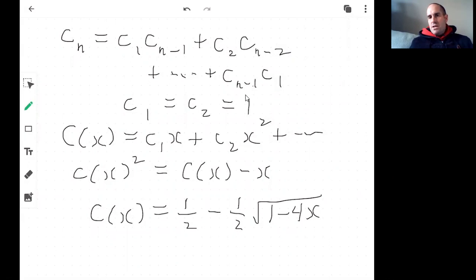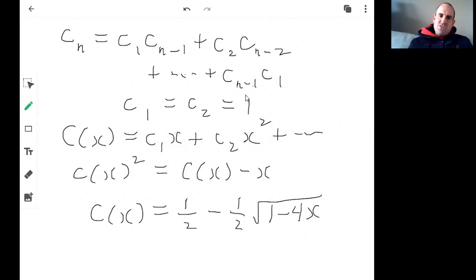You don't commute them around or anything like that. Okay, and the recurrence relation that we ended up deriving was that the nth Catalan number is given by this sum of products of prior Catalan numbers whose subindices add up to n.